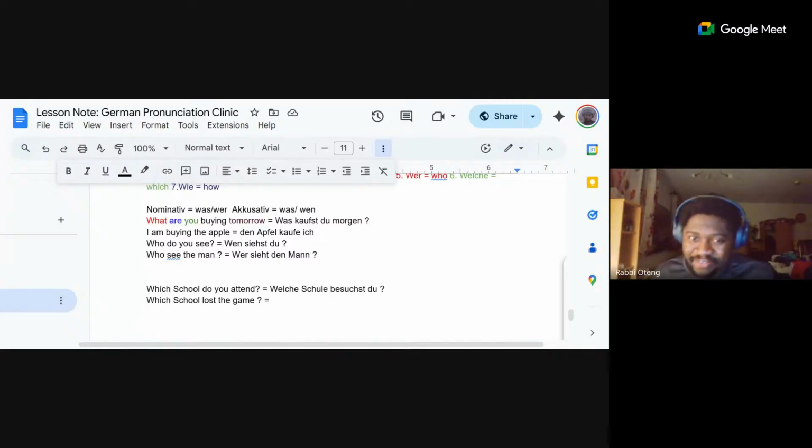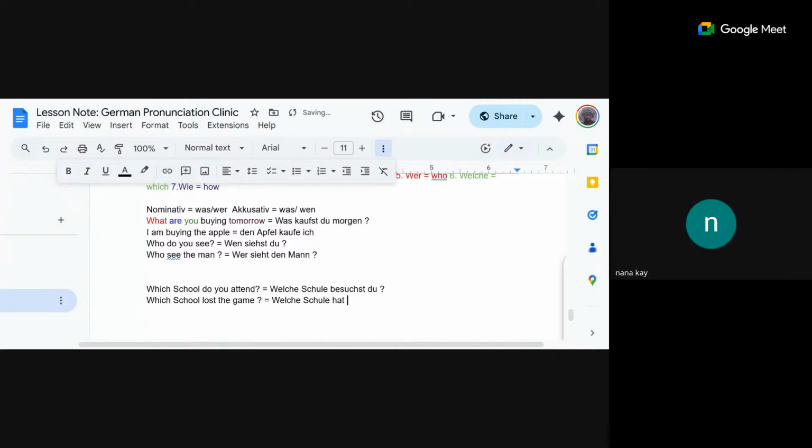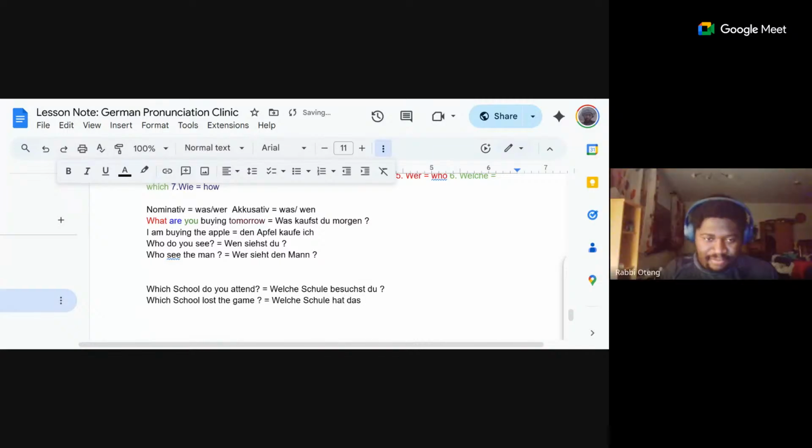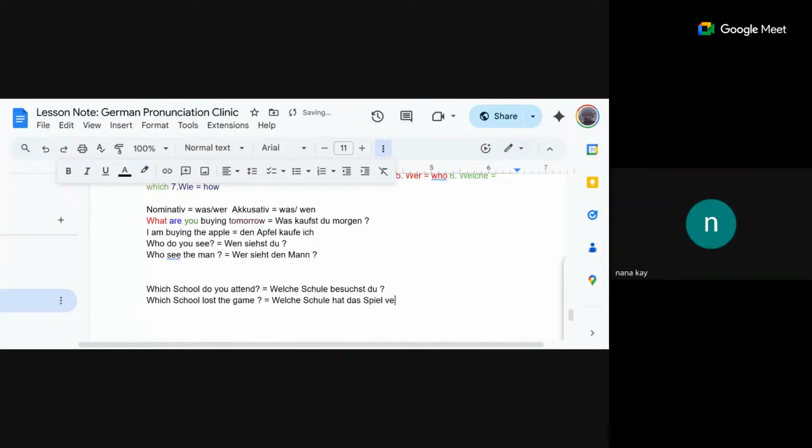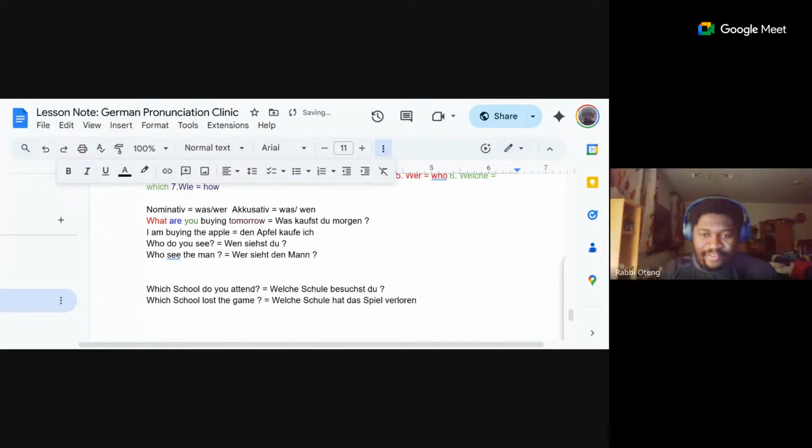Welche Schule hat das Spiel verloren. So in this sentence, the game is the direct object, and which school is the main subject, because the lost comes after which school. Clear?